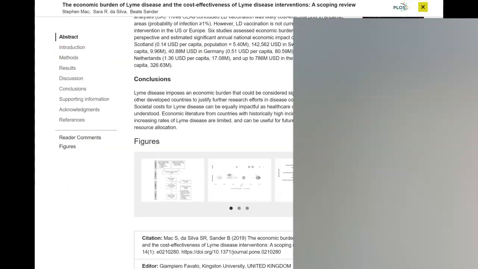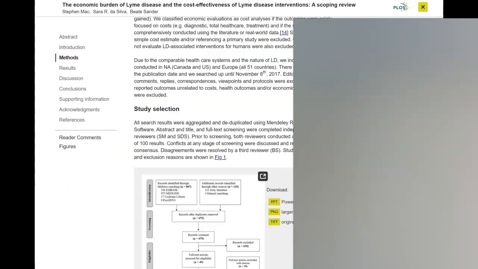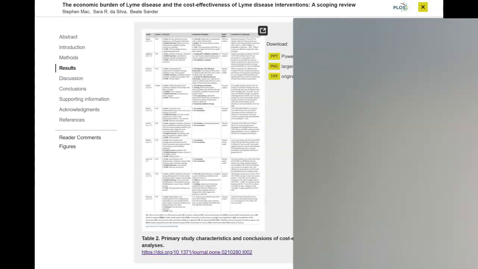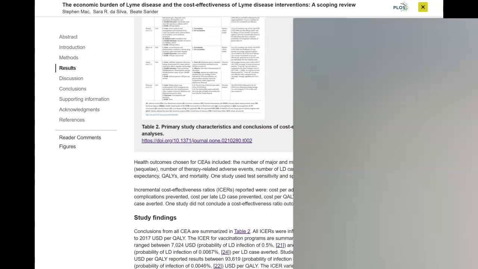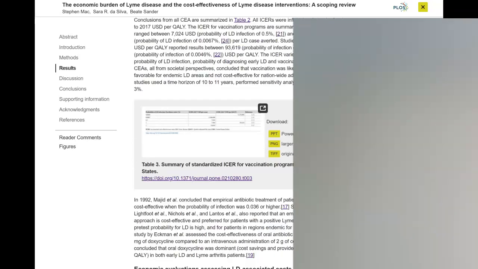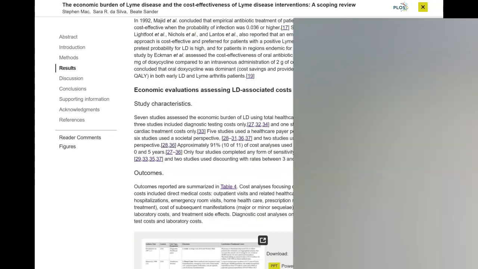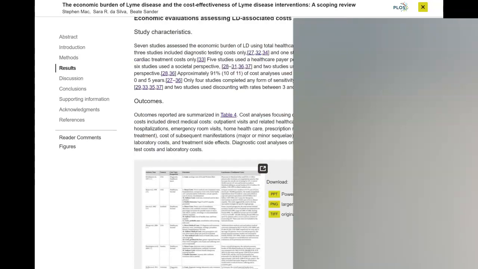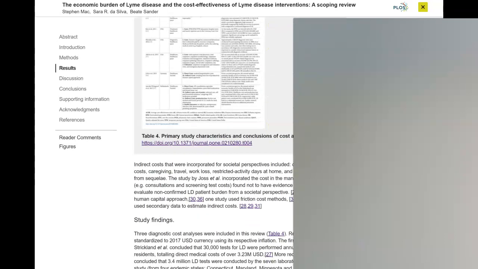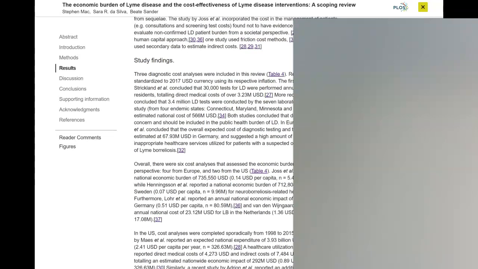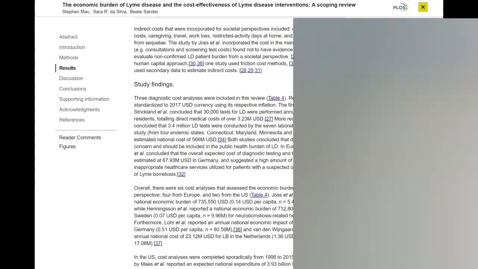You can just scroll through this and take a look, and understand some of the policy-level understanding of cost-effectiveness rather than focusing on just health outcomes. And again, outcomes reported: cost analyses focusing on overall healthcare costs. There are some indirect costs. And study findings: 3 diagnostic cost analyses were included in this review.